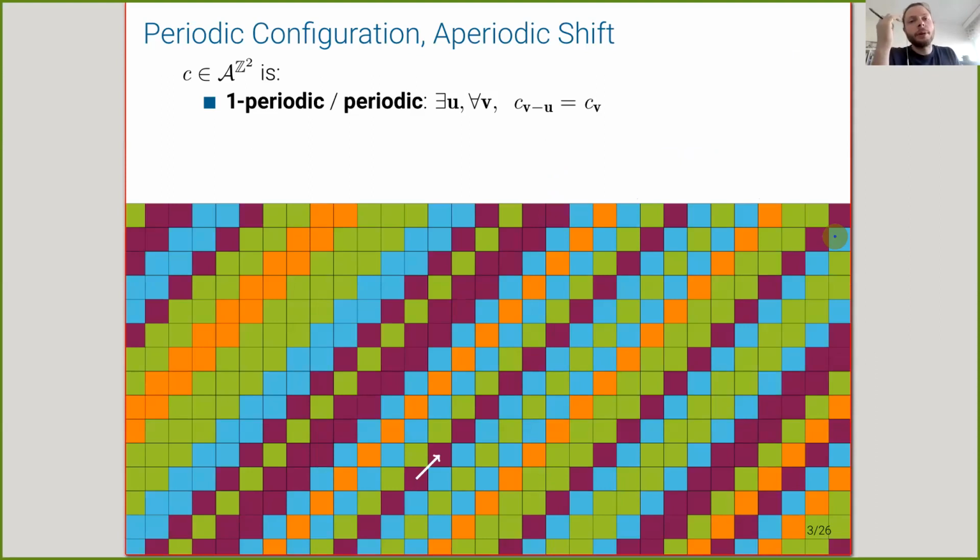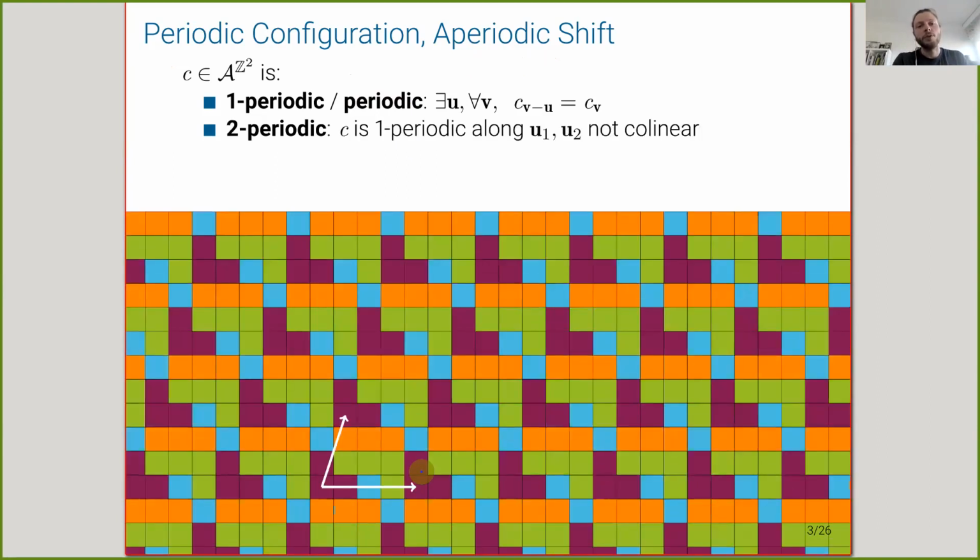I will talk a lot about periodicity and aperiodicity. In general, I will try to stick to this: periodicity will designate a configuration, and aperiodicity will always designate a shift. A configuration that is periodic, or one-periodic, is a configuration that has a single periodicity vector, so when you translate the configuration on itself, you end up with the same configuration.